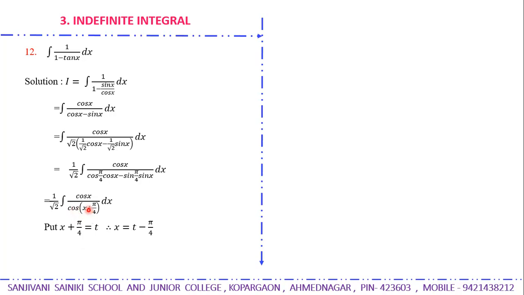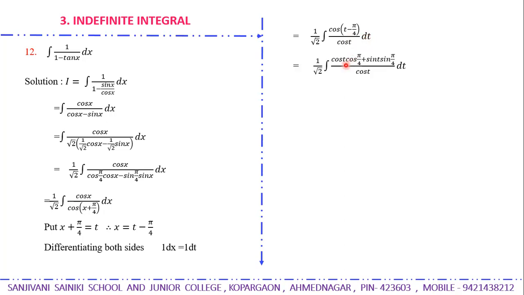Now we will put x plus pi by 4 is equal to t in this integral. You will get x is equal to t minus pi by 4. So differentiating, we get dx is equal to dt. And what will be our new integral? 1 by root 2 times cos of t minus pi by 4 upon cos t dt.